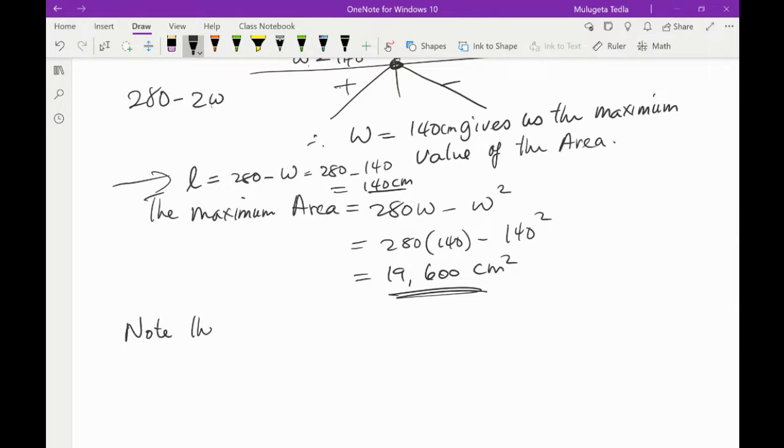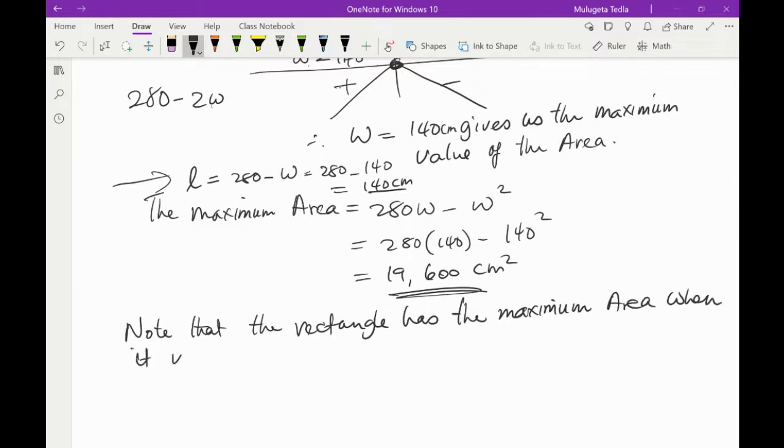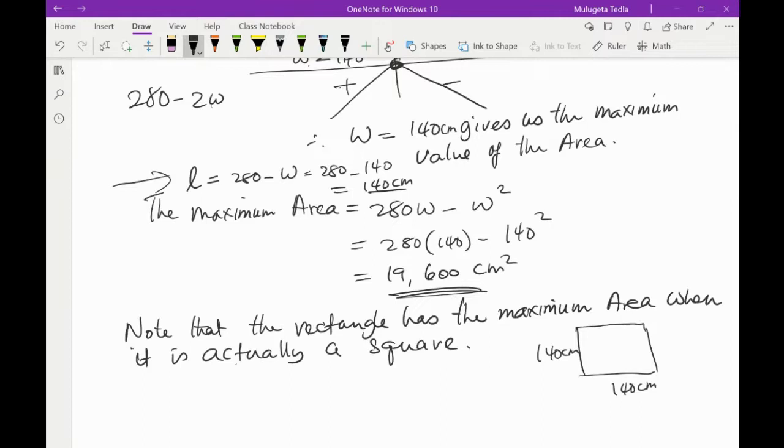Note that the rectangle has the maximum area when it is actually a square, because this is 140, this is 140.